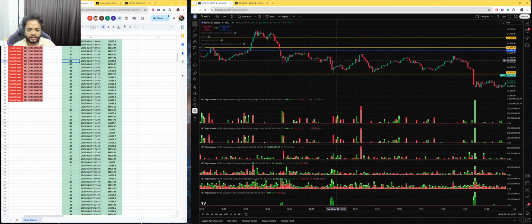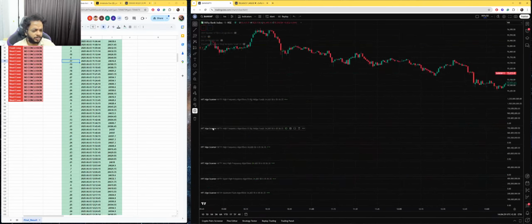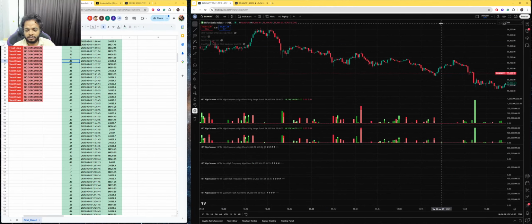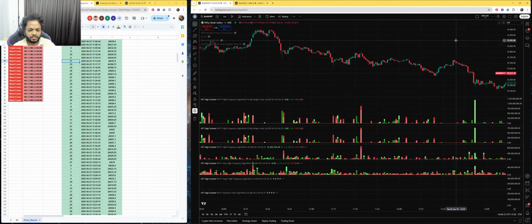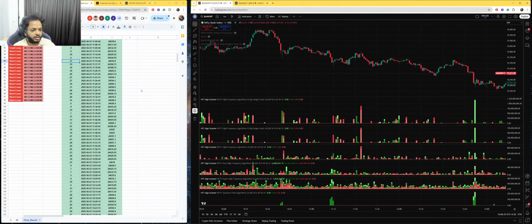So yes, it went to the negative zone here. Bearish sentiment, and after that it was almost throughout in the negative zone.